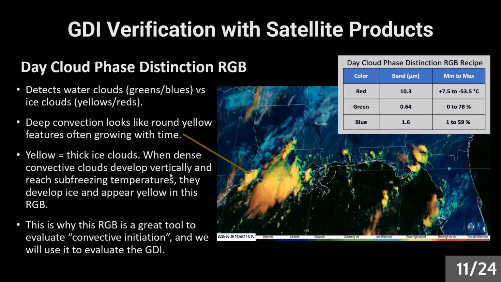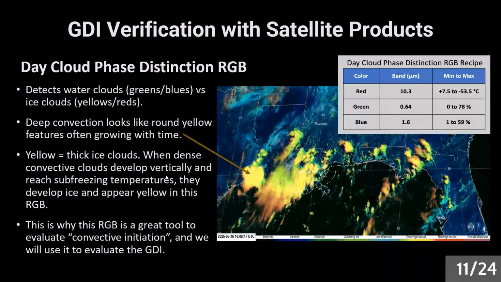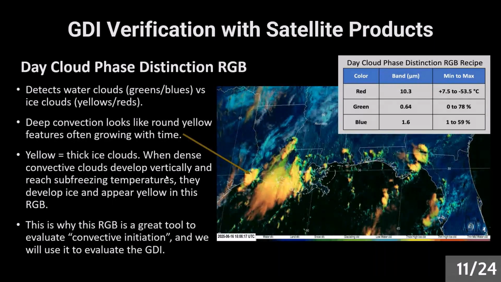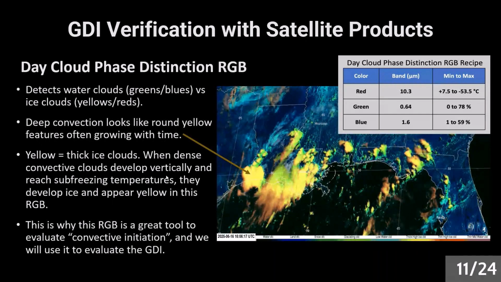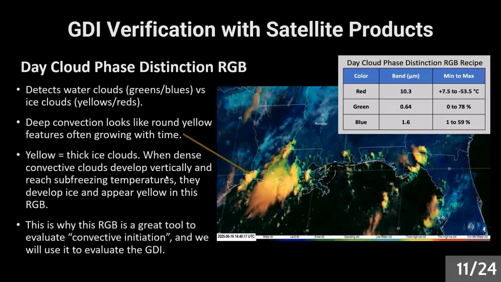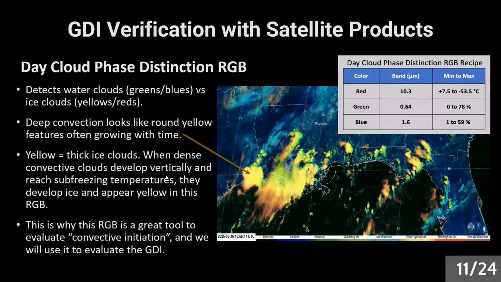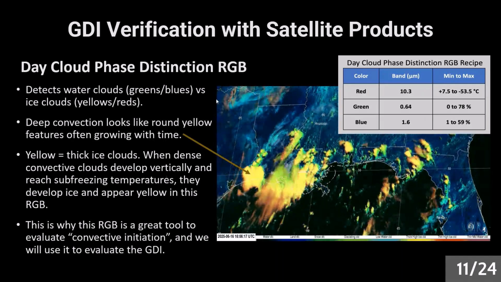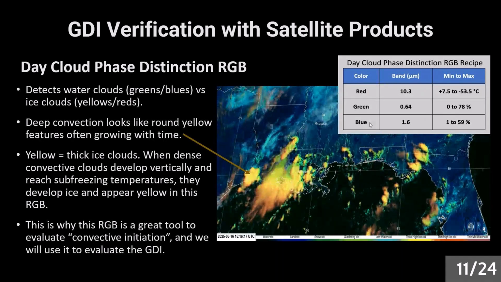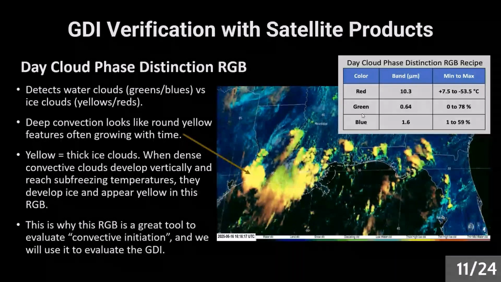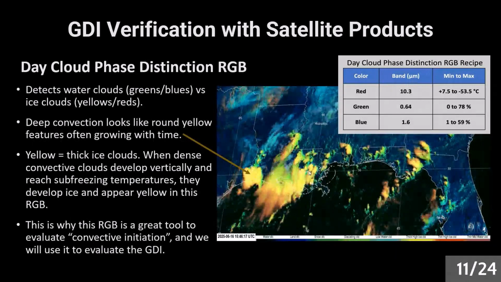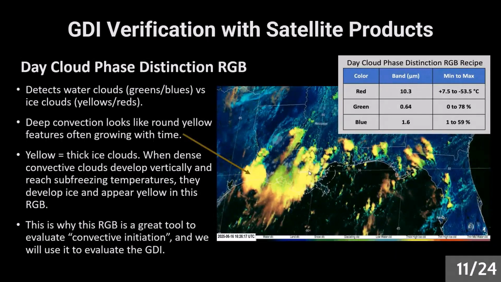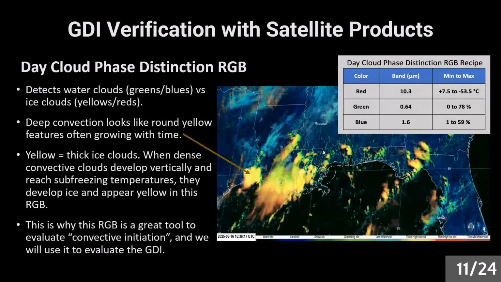So what happens is that when clouds are developing vertically, eventually they reach a layer where it gets really cold and they start to develop ice. And ice looks yellow or red in this RGB. This has to do with the way the RGB is formulated, right? So in this case, yellow means that the cloud has ice and is thick. And the round shapes tell you that it is a convective cloud.